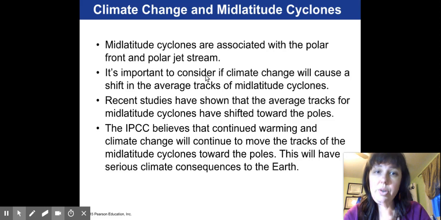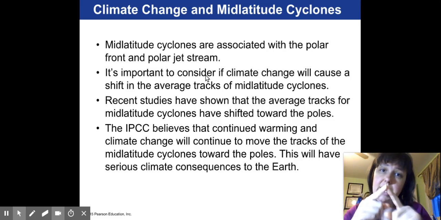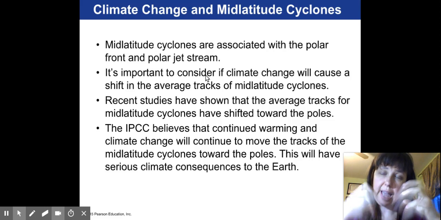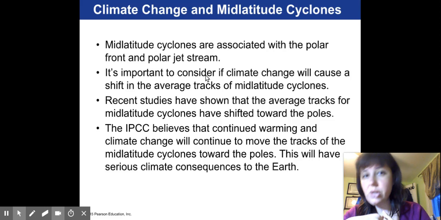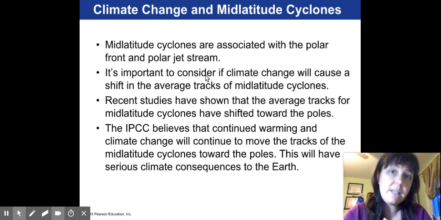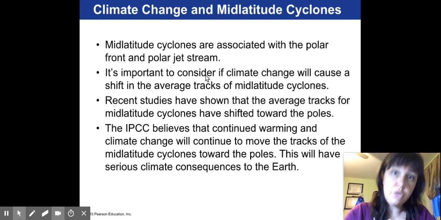They've also noticed a drastic increase in the severity of those cyclones. So when they occur, they tend to be stronger, and that is because there is more energy in the atmosphere at this current time. Because of the increase in the number of fossil fuels, the atmosphere itself has the capacity to hold more heat, and therefore there's more energy to go around.